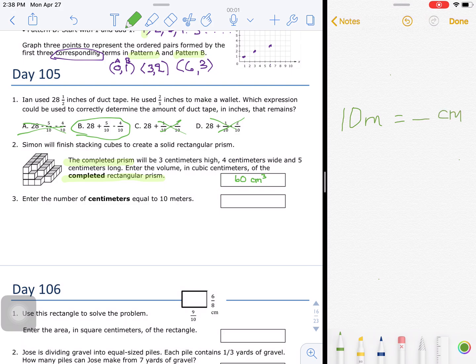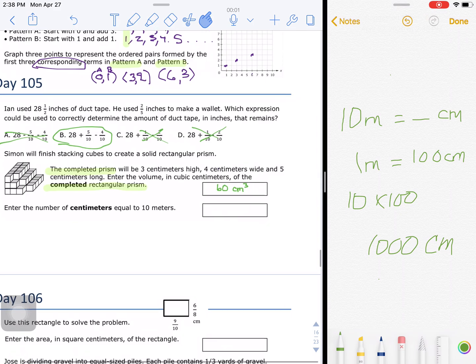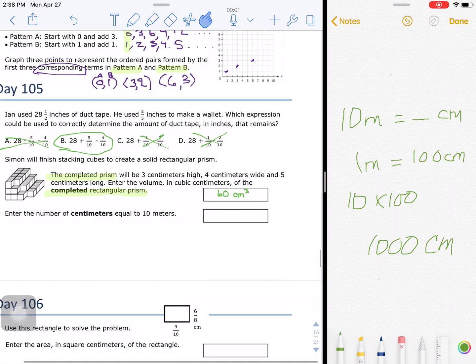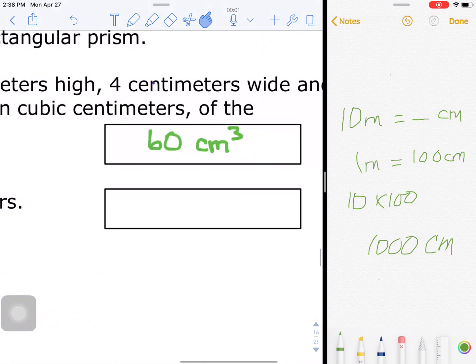The prefix centi means 100. So I know that 1 meter has 100 centimeters. So 10 times 100 is 1,000 centimeters. So 10 meters is 1,000 centimeters.